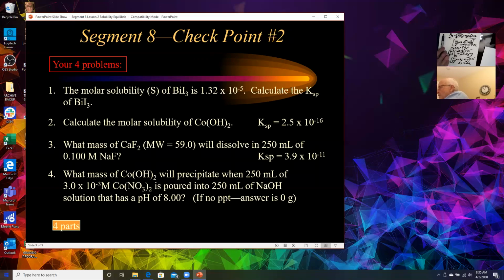So remember, when you get ready to do that KSP, the barium concentration would be S, the iodide concentration would be 3S, and it's cubed. So the KSP is 27S to the 4th power. I give you that much. Work on it on your own and then go to the discussion page.